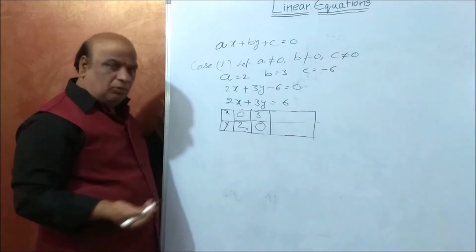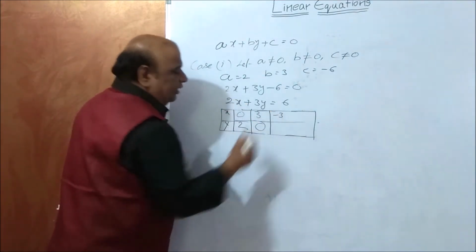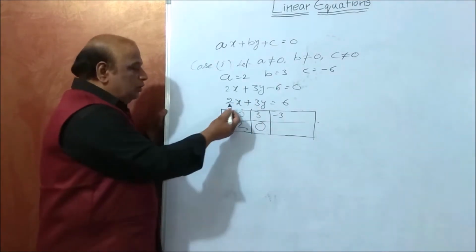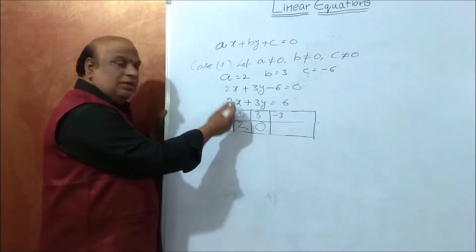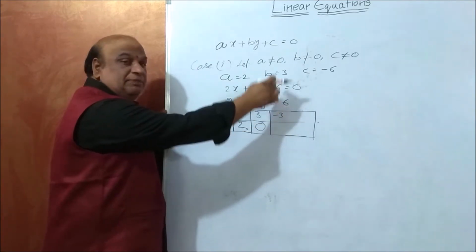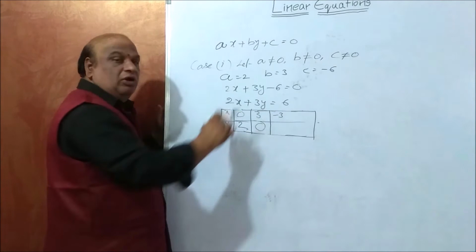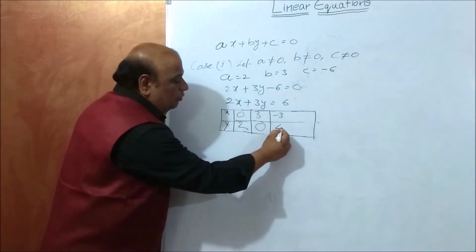If you want some more points, now you take minus 3 instead of x. What about the y value now? 2 into minus 3 is minus 6. Minus 6, if you take that side, becomes plus 6, plus 6, 12. So 3y is equal to 12. Here y is equal to 4.